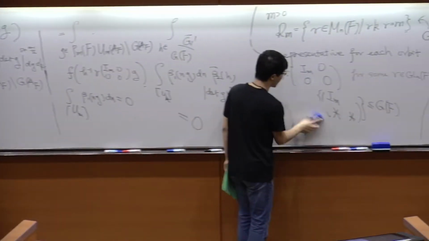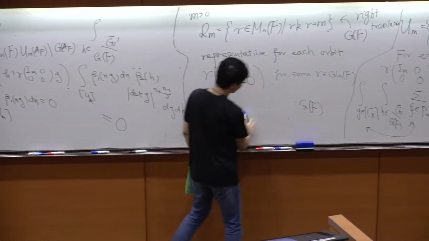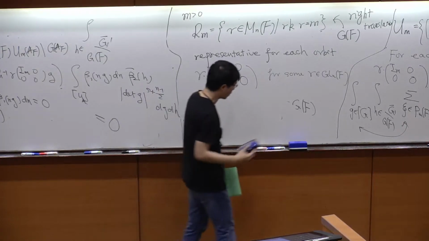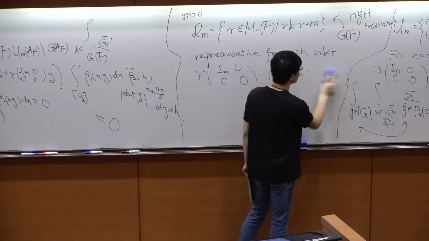For the rank equals 0 case, we use the fact that the cusp forms are always orthogonal to a constant function.